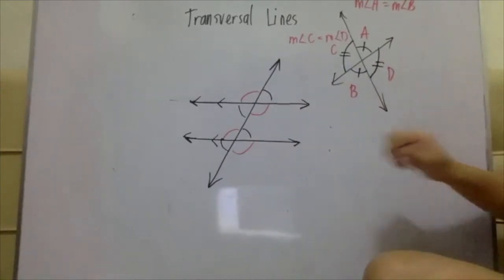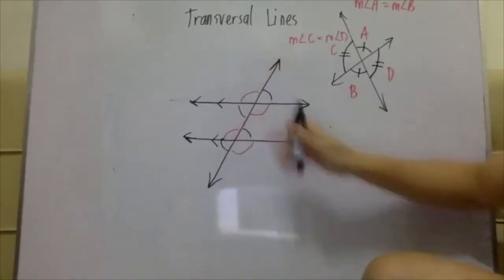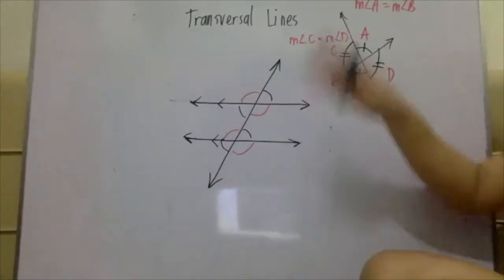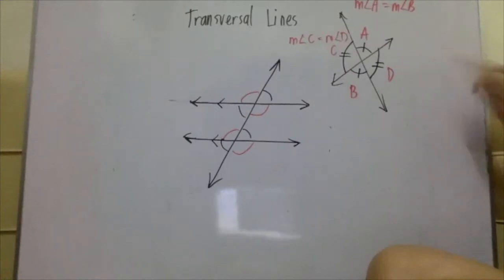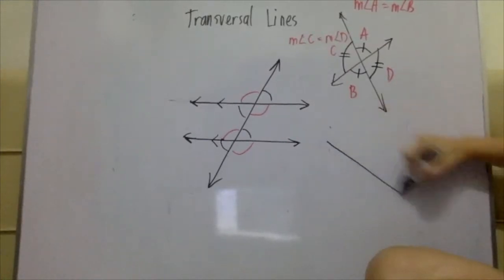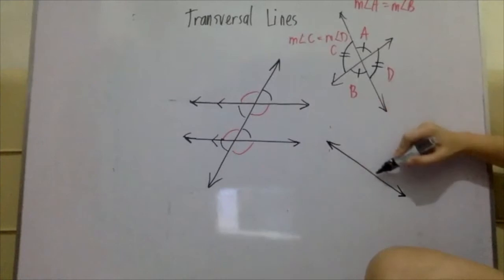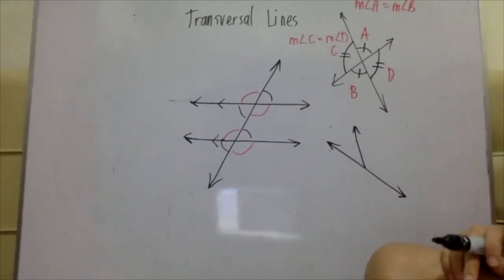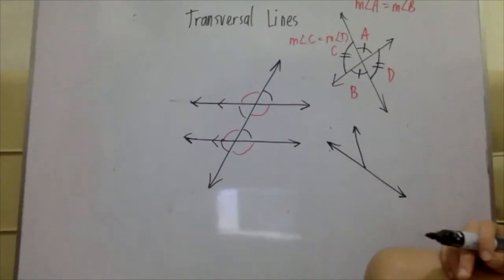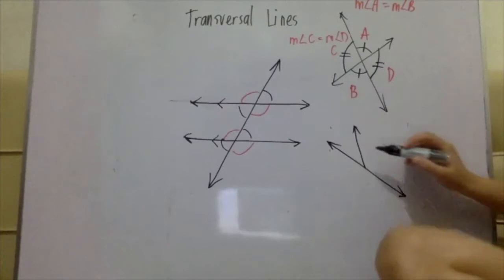What else? Bago tayo mag-proceed sa mga alternate interior, corresponding angles, etc. Ito lang yung dalawang concept. Vertical angles are equal and the other one is, okay, anong tawag natin dito? If we have supplementary angles. Or actually, itong tinatawag natin na linear pair.